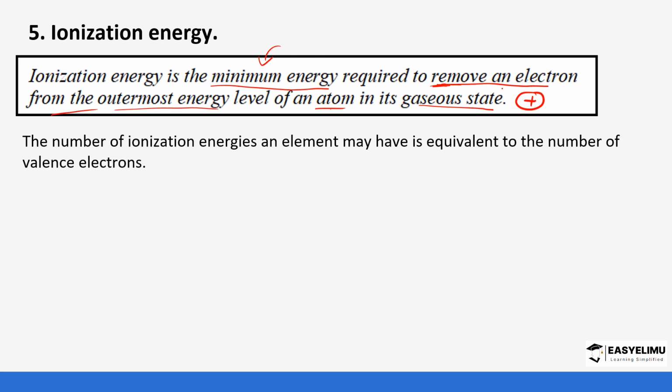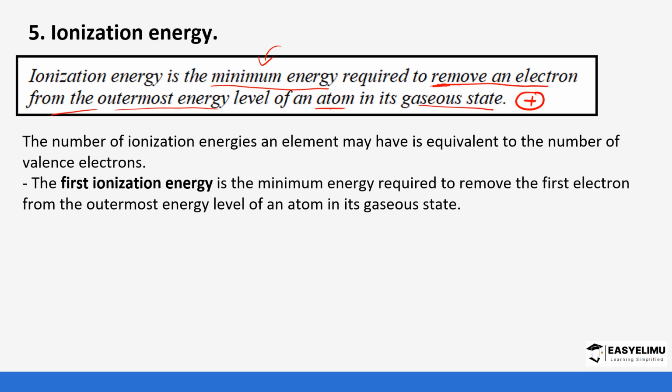So when it comes to ionization energy, it is always equivalent to the number of valence electrons. So we have first ionization energy, second ionization energy, third ionization energy. It continues on and on depending on the number of electrons you have on the outermost shell. So for group 1, we have the first ionization energy because it's only one electron that is in the outermost shell. So that is the first electron that is going to be removed.